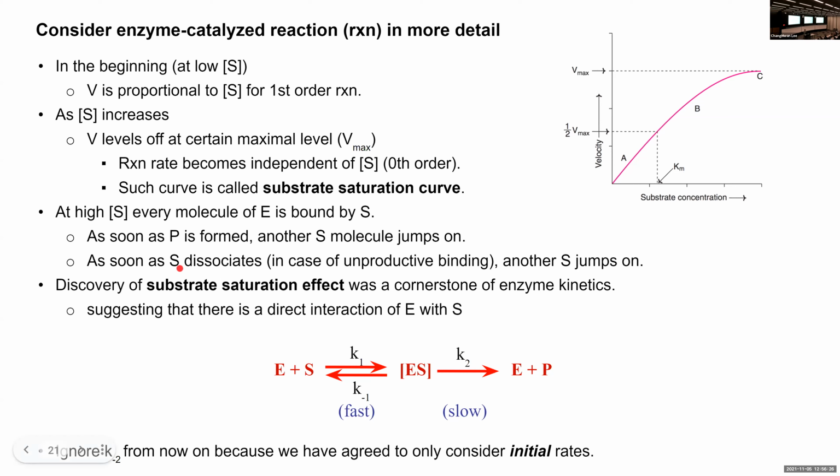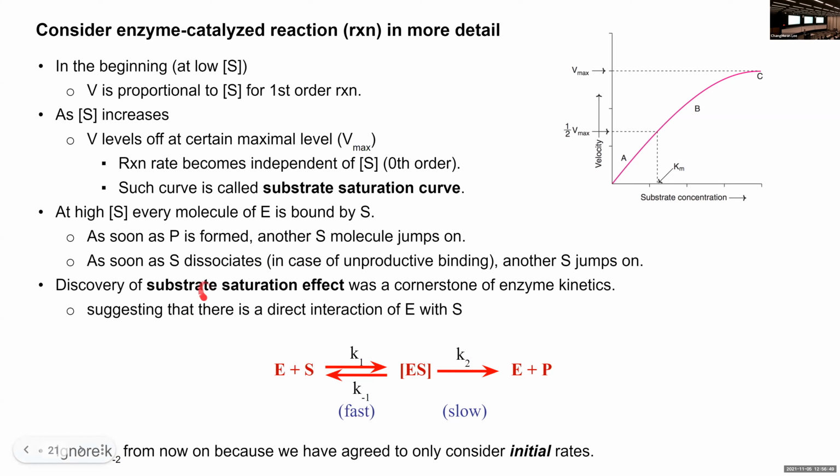Or this substrate, instead of becoming the product, can just go back to the substrate from the ES complex, depending on the probability at the top of the transition state. In which case, again, another new substrate can still jump on the enzyme to form the ES complex.